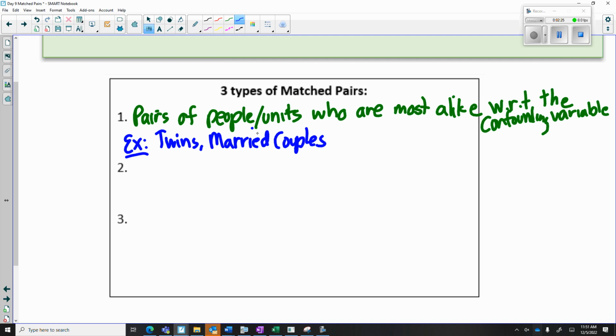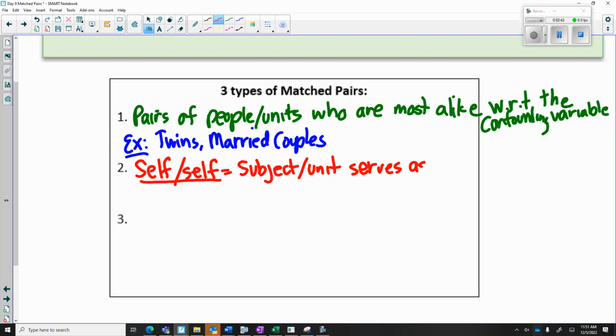The other type we have is self-self. And basically, you would serve as your own control group. Subject or unit serves as own comparison or control group.